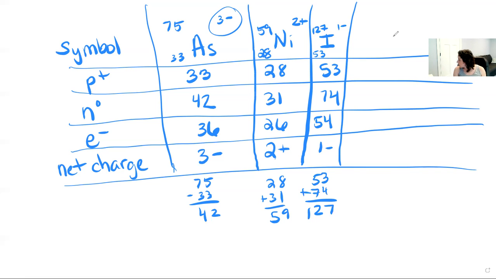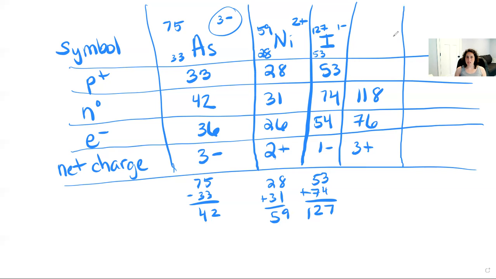Okay, and the last combination, we have 118 neutrons, 76 electrons, and a 3+ charge. Now we don't have an identity on this, but the electrons are 76, and it's a 3+. So that means that the ion has 3 more protons than it does electrons.